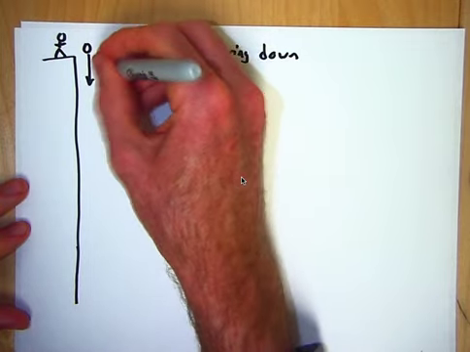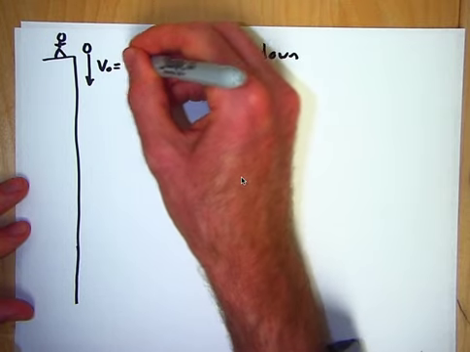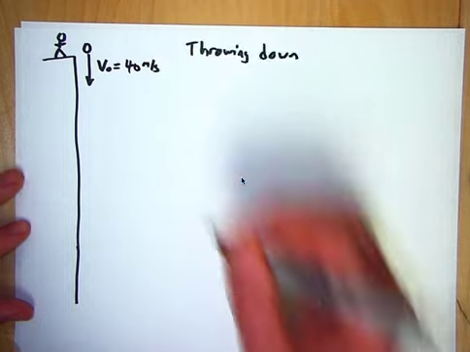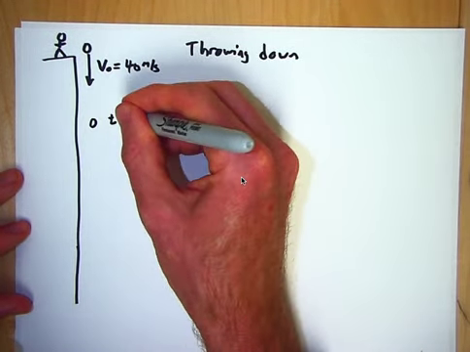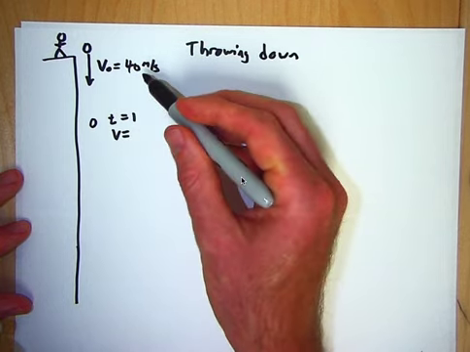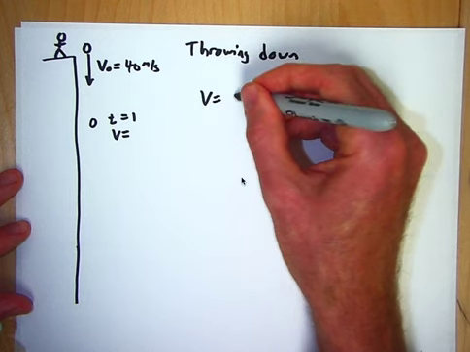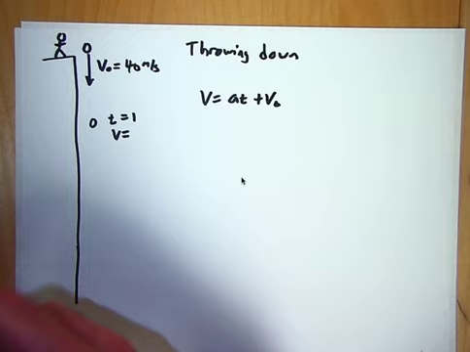Let's give it an initial speed of, let's say, 40 meters per second. Right? Once again, we can do all the same things. At time equals 1, what's my speed? Well, we can always use this formula, at plus v0, keeping our positives and negatives.